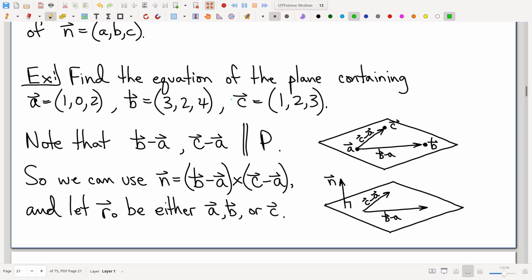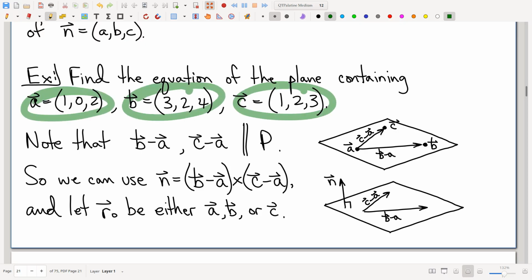So the puzzle here is that we're going to be given 3 points that are in the plane. Notice I am not going to give you the vector perpendicular to the plane. I'm not going to give you the normal vector that you need.